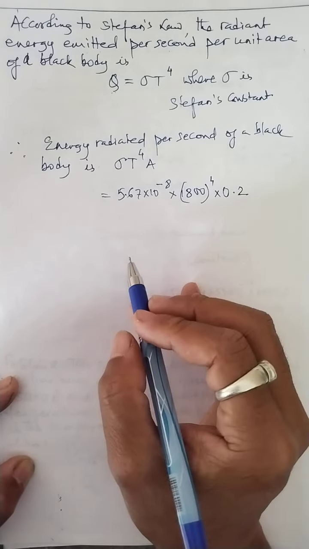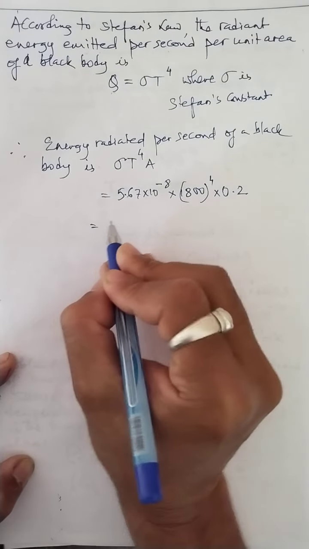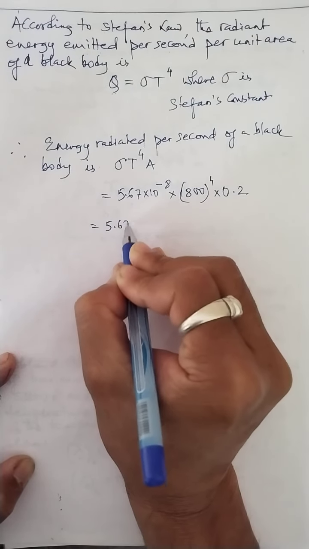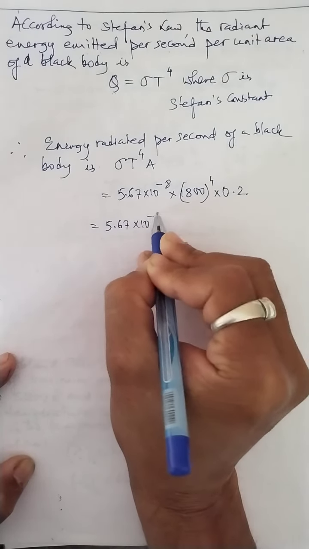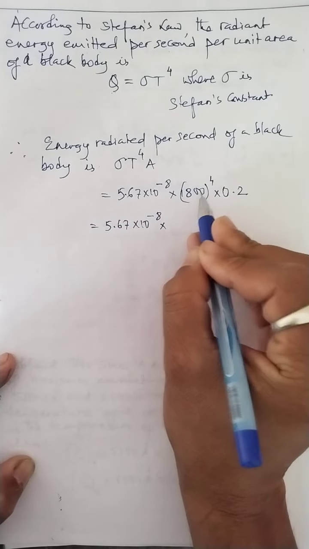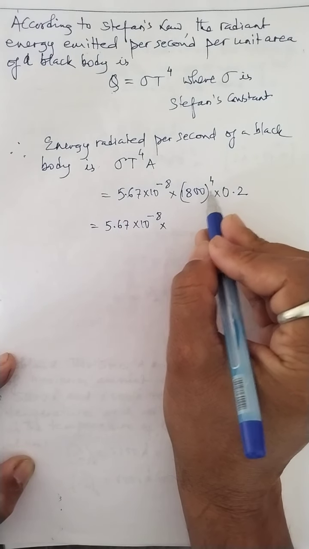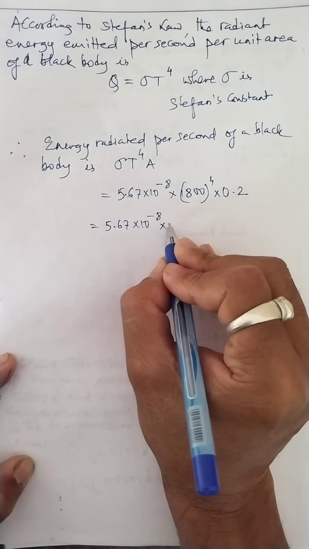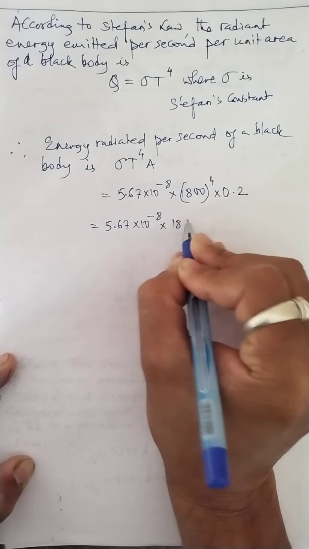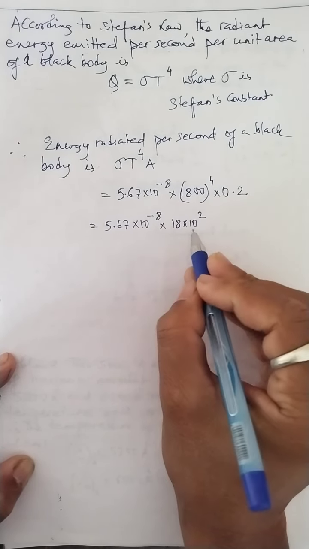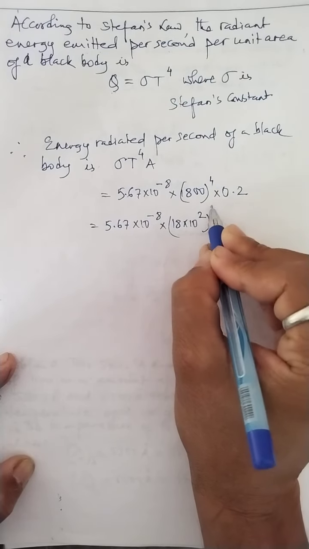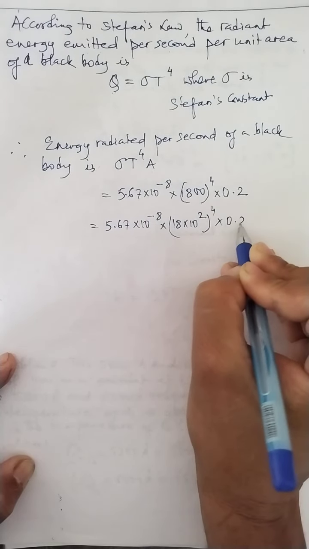Now we need to open the bracket and multiply. So it will be 5.67 into 10 to the power minus 8, now 1800 to the power 4 means I can write this way also, like 18 into 100, and 100 means 10 to the power 2, with whole to the power 4, into 0.2.